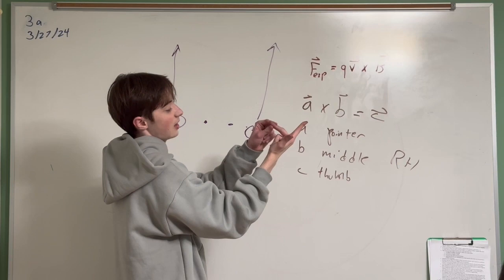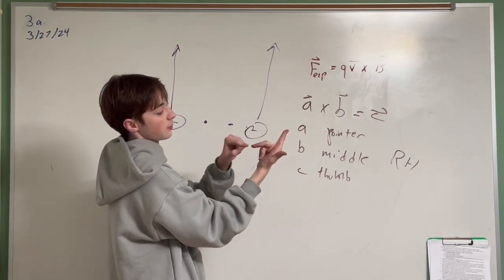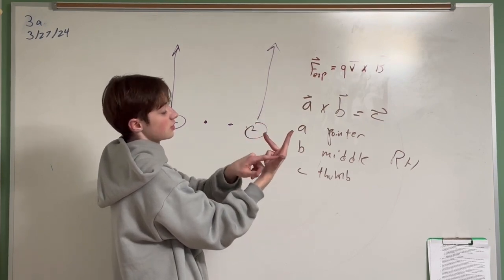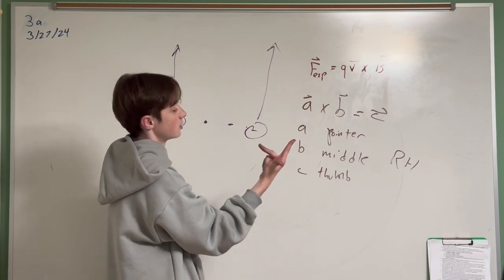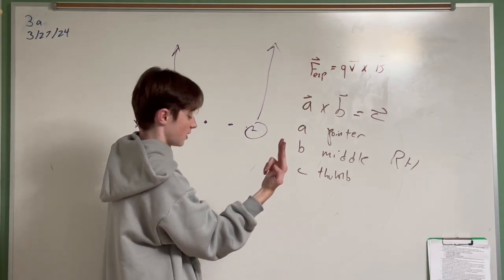And remember that if we have A and B, which are not necessarily perpendicular, like we could have our middle finger pointing down this way or pointing close to this, it doesn't affect the direction of our thumb. It will just decrease the value. Unless they're pointing completely parallel, in which case we'd have no value.